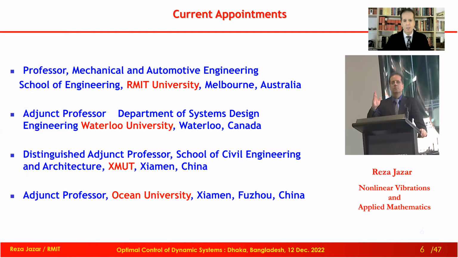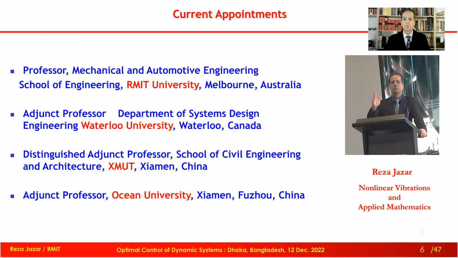Okay. At the moment, as you can see, these are my appointments. I am a professor working at RMIT University School of Engineering. Meanwhile, I'm also an adjunct professor of Waterloo University in Canada, one of the best universities in Canada, actually. I was lucky to be a postdoc at Waterloo for around 2 years.